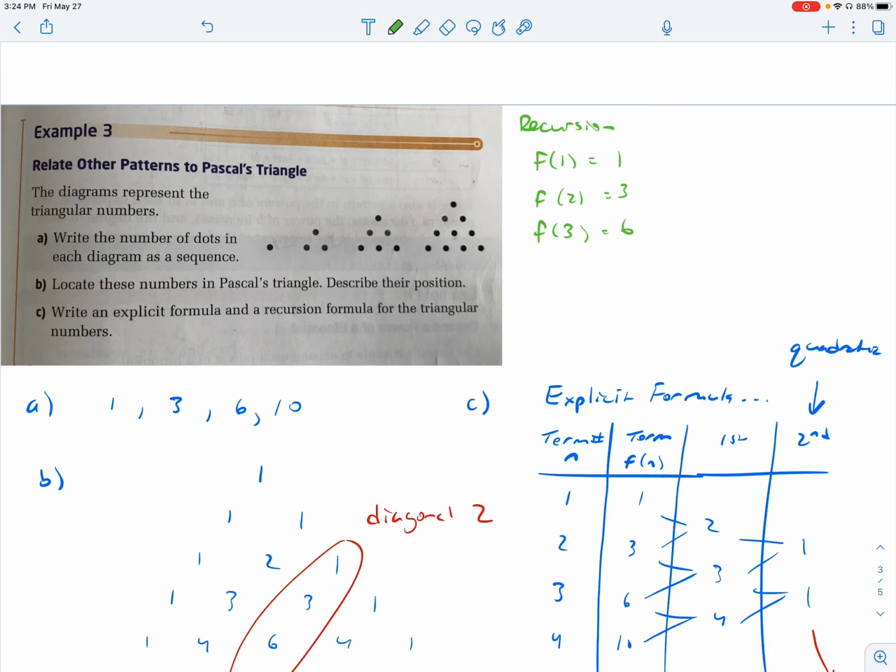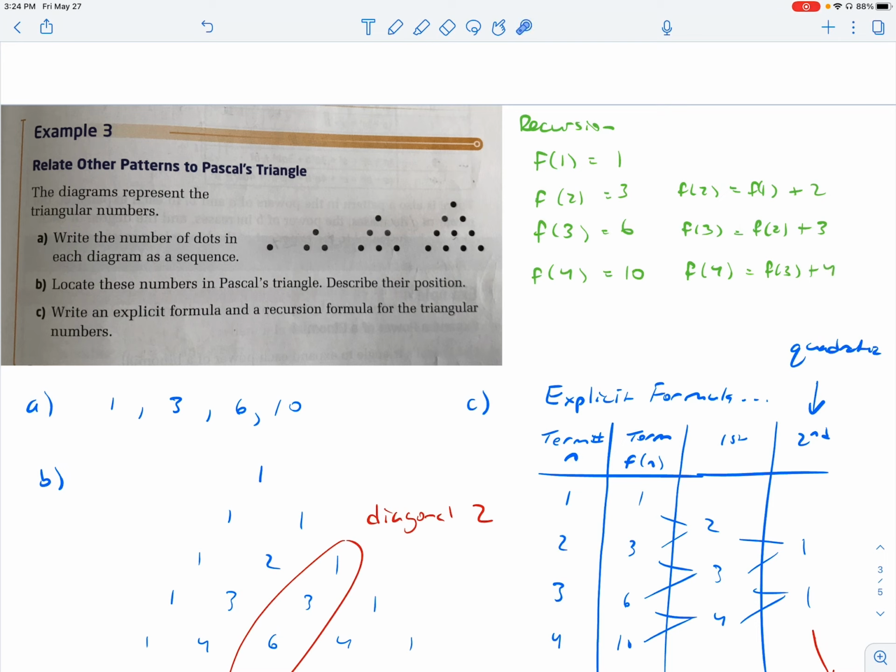And what I do is I even write them out in terms of the previous one. So we could say f of 2 is actually equal to f of 1 plus 2, in order to get 3. And then f of 3 is equal to f of 2 plus 3. And then f of 4 is equal to f of 3 plus 4, right?